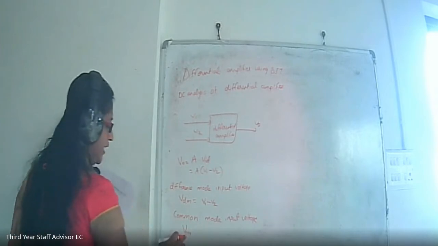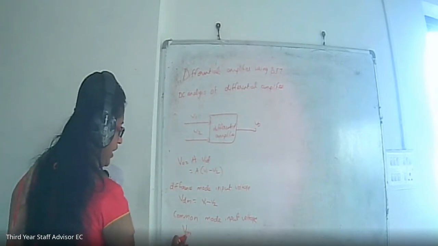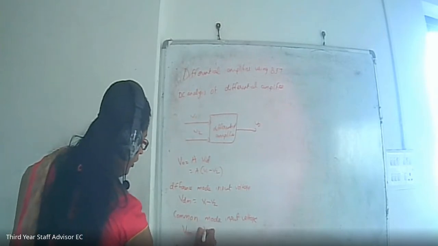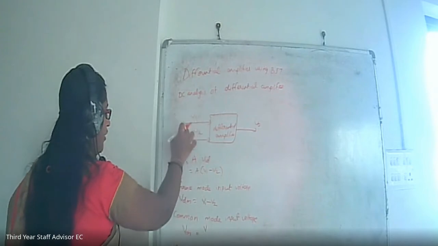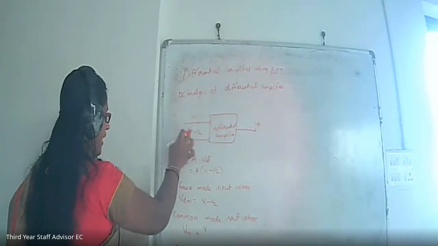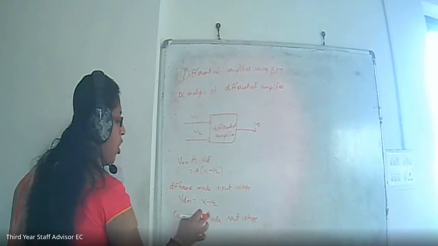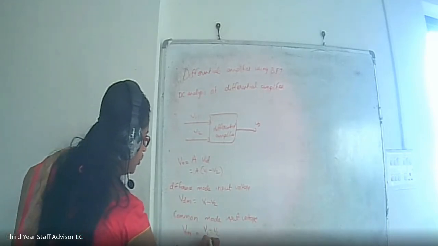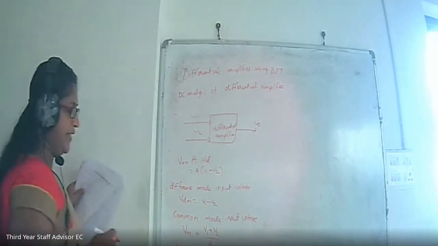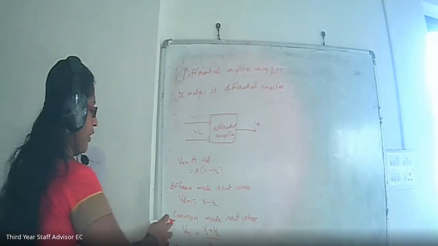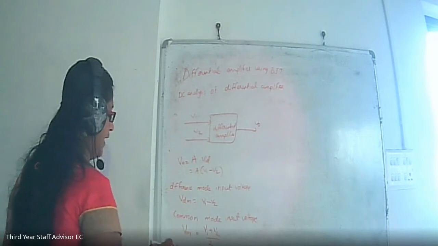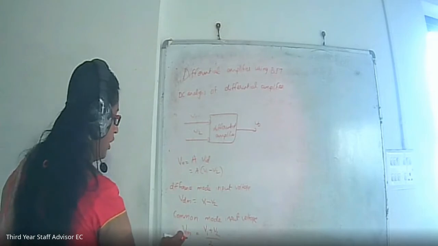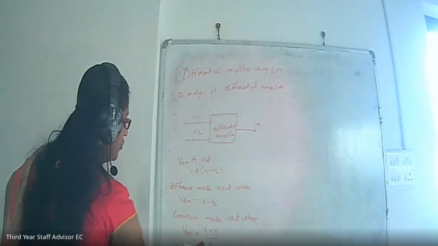In all the textbooks, this notation VCM is used for the common mode input voltage. If it is difference mode, then we take V1 minus V2. If it is common mode, then we take (V1 plus V2) by 2, that is, the average of the signals. So the common mode input voltage is defined as VCM equal to (V1 plus V2) by 2.